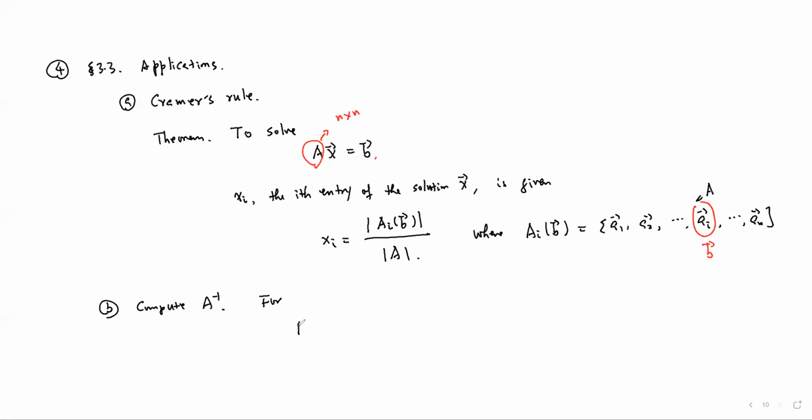Let me use B to denote the matrix of cofactors: cofactor A11, cofactor A12, up to cofactor A1n. What is a cofactor? The formula is here. Compute the cofactors, then form this matrix.